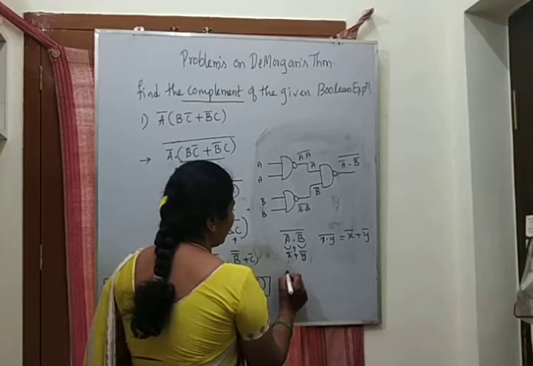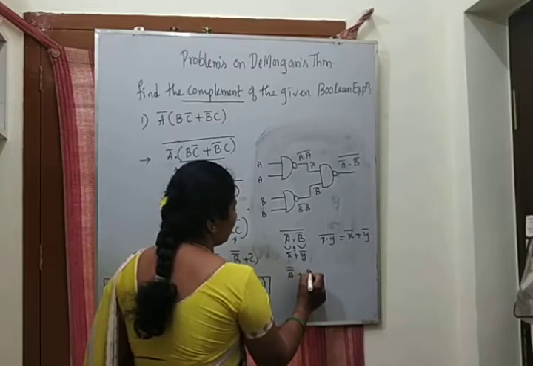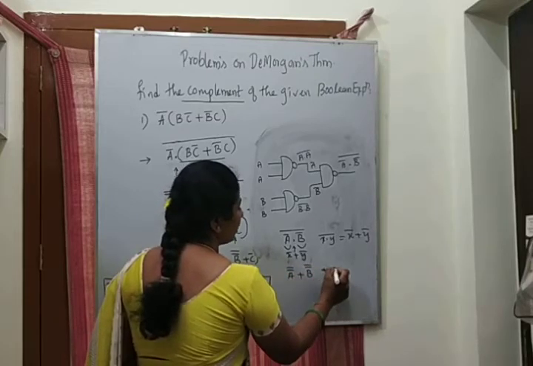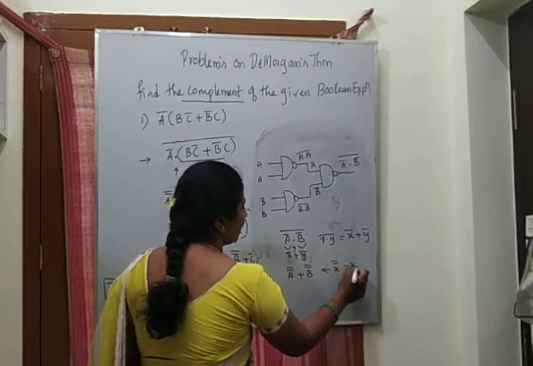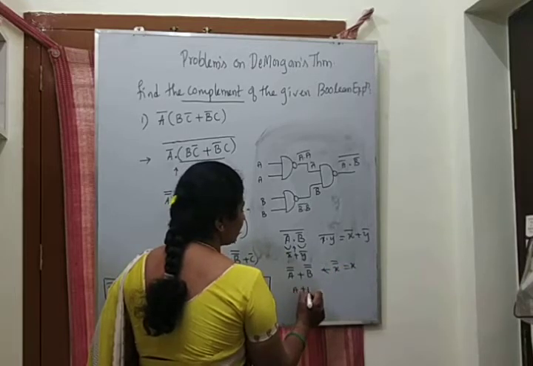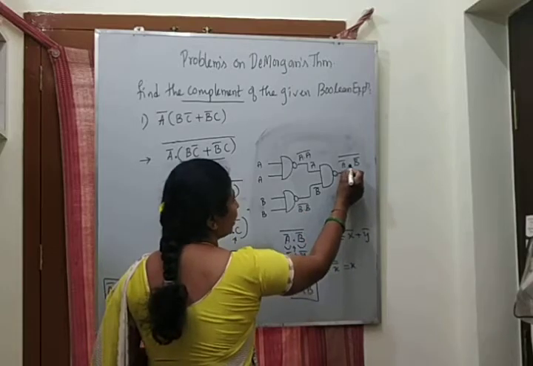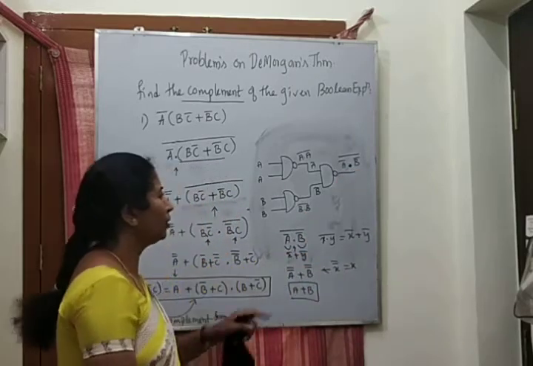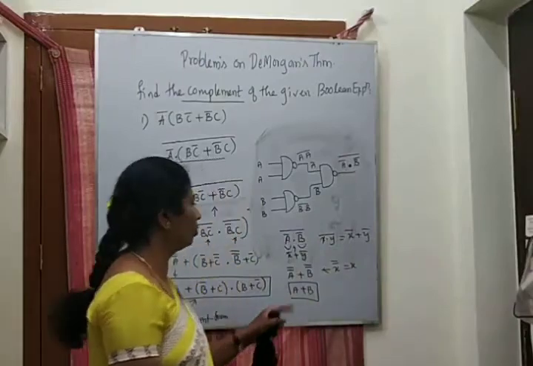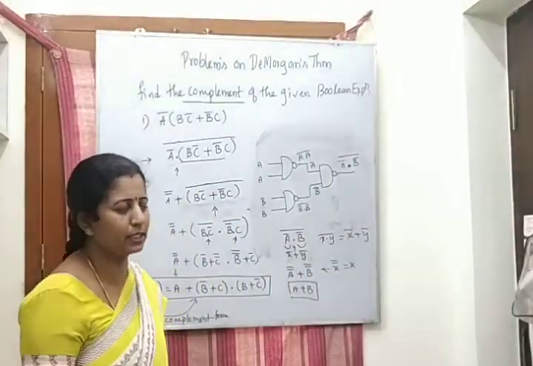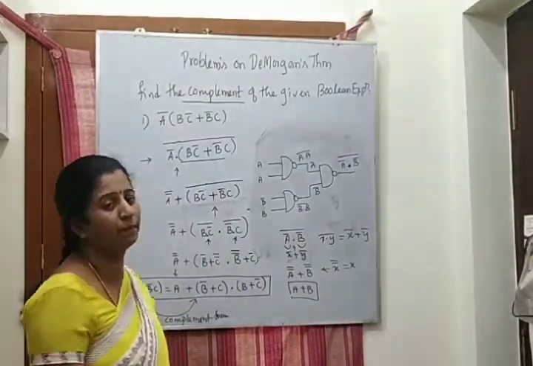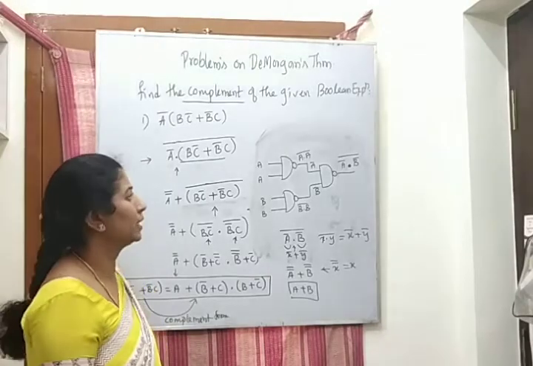That means A double dash plus B double dash, and according to x double dash can be written as x. So we got that the AND operation dot gets changed to plus, and the complementations get removed with the help of De Morgan's theorem. This is one of the applications of De Morgan's theorem.